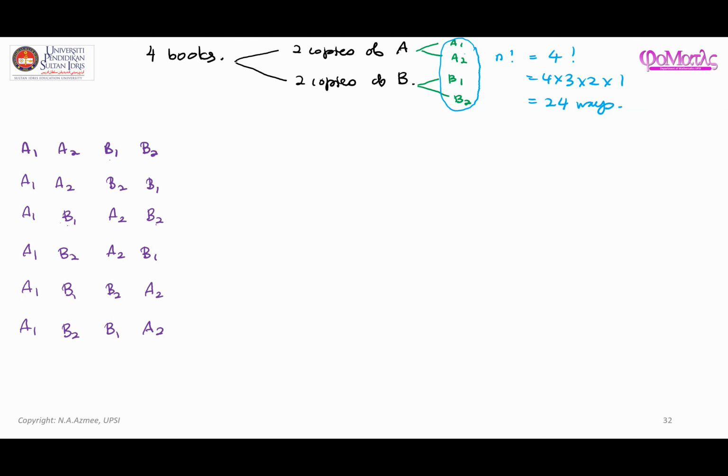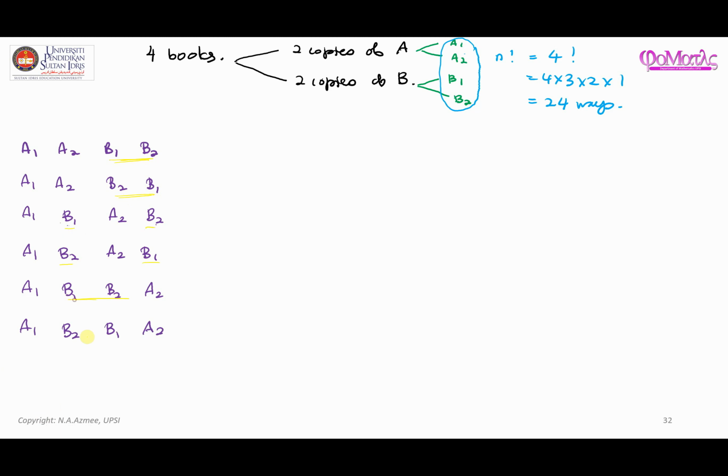So, so far that's what we've got over there. Now, what if I switch? So far what we have done is we switch the position of B1 and B2. This is what we've done.